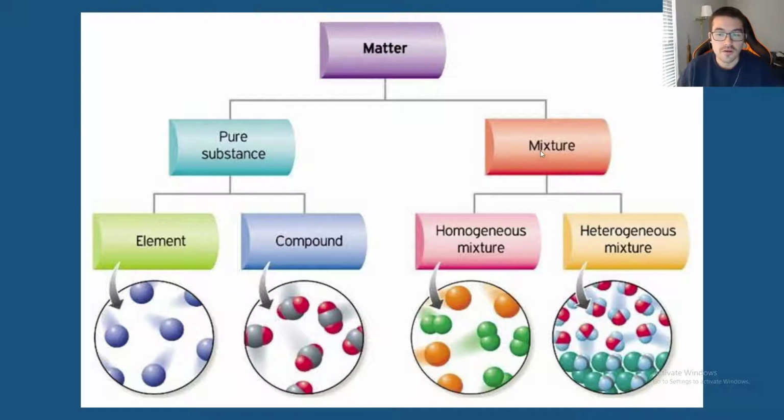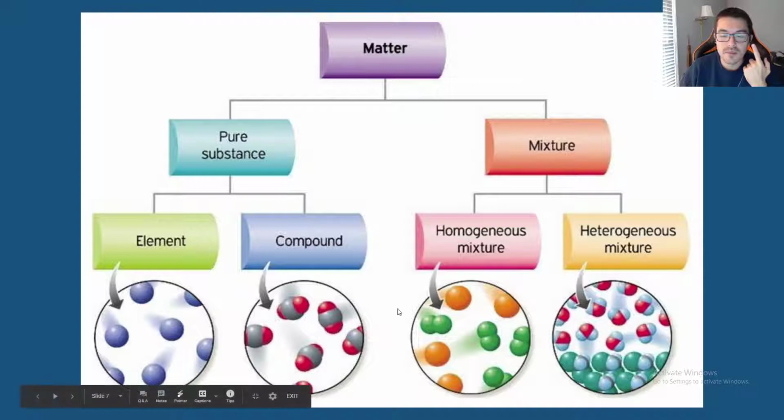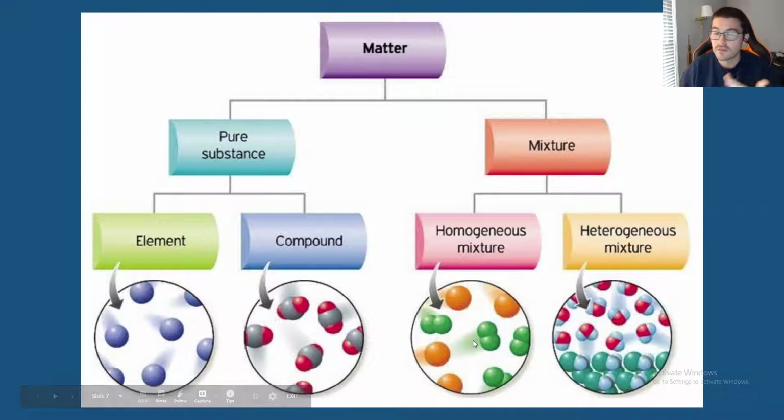The difference between a homogeneous mixture and a heterogeneous mixture is that in a homogeneous mixture, when you look at it with your naked eye, like a human eyeball, the stuff in the mixture all looks the same. It all looks nice and well mixed together.